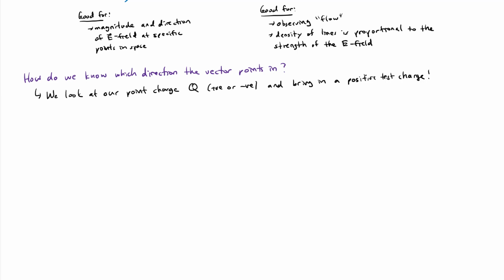So let's go through the two different options we have. We have an option where Q is a negative value, so Q is less than 0. We also have another option where Q is positive and therefore greater than 0. So if I put a point charge here and here, let's say. Let's go with the negative charge Q first.